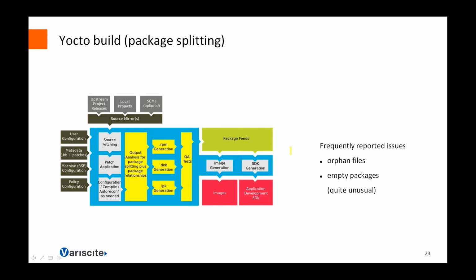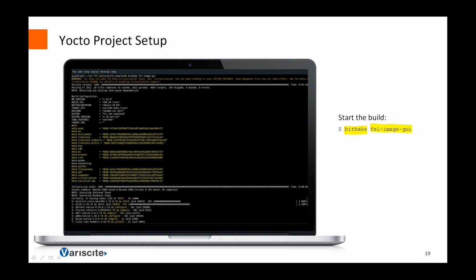This phase will generate a long list of packages that will be used later, as part of the package feeds pool that Yocto will reference for the next phases. This is what is usually called the do_install phase, if referring to slide 19. Okay.